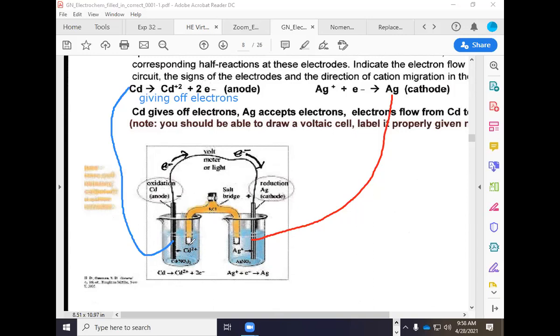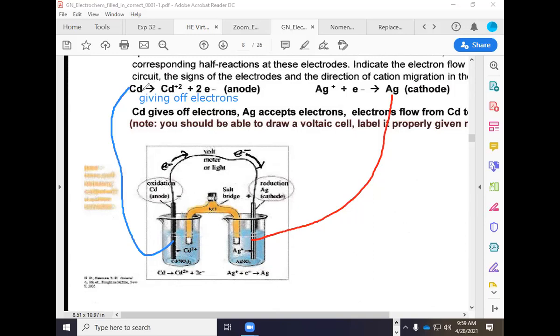And so we have this salt bridge that the ions can go through so that we don't have a buildup of cadmium ions. So the cadmium ions can go up here, and then we can continue going this way. It's just the idea of Le Chatelier.